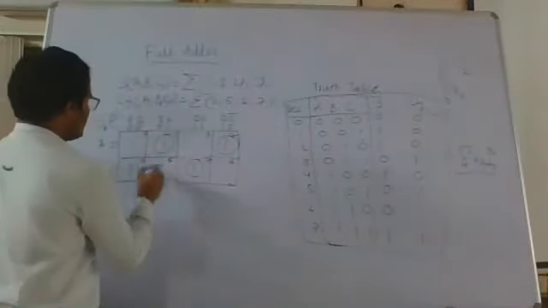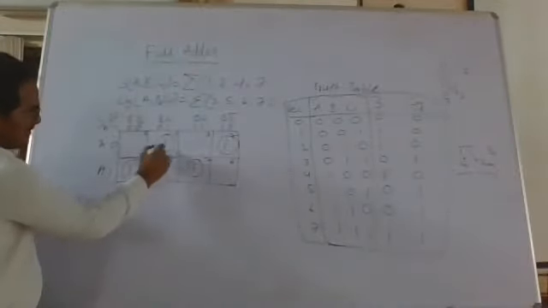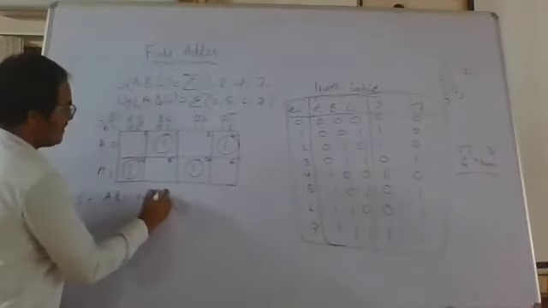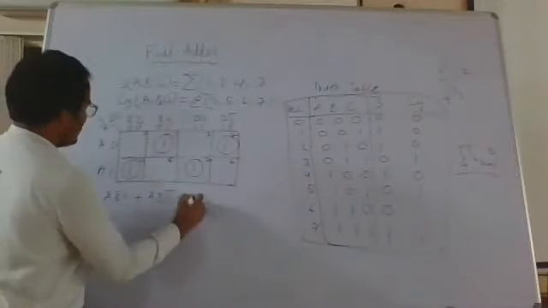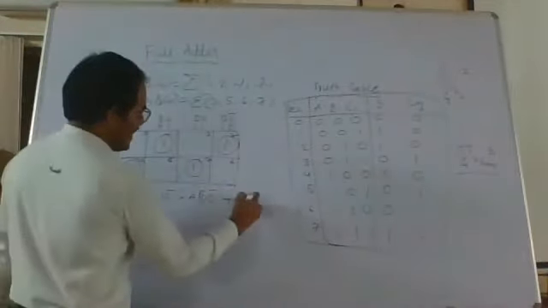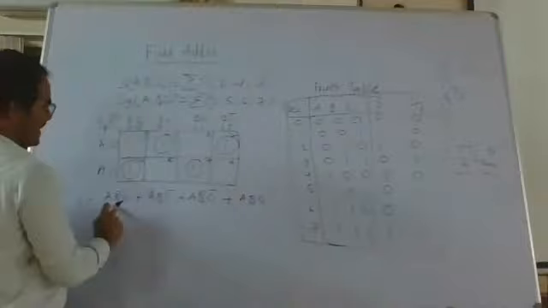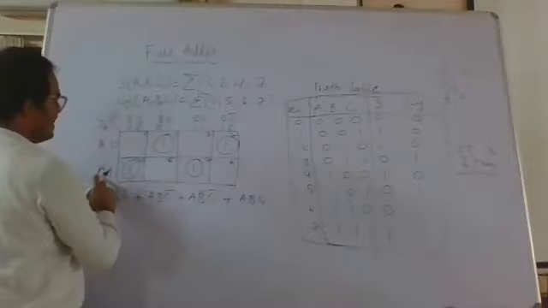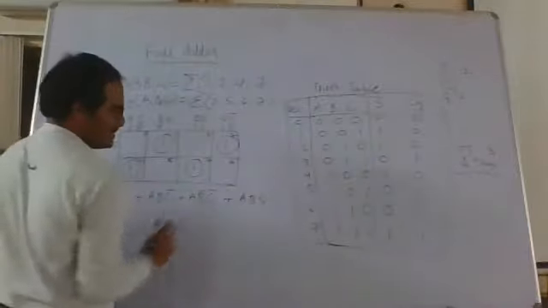Ultimately we write the sum expression as: from this subgroup A bar B bar Ci, plus A bar B Ci bar, plus A B bar Ci bar, plus A B Ci.